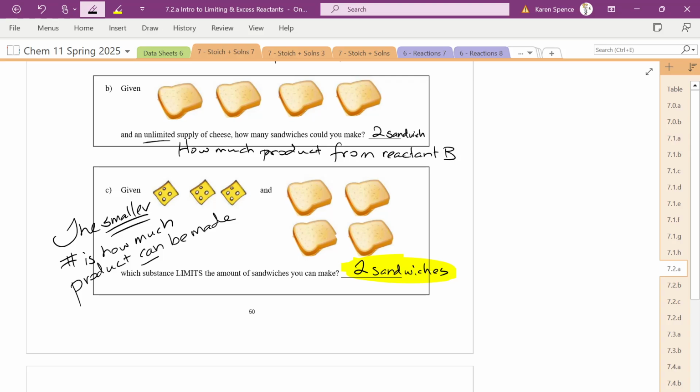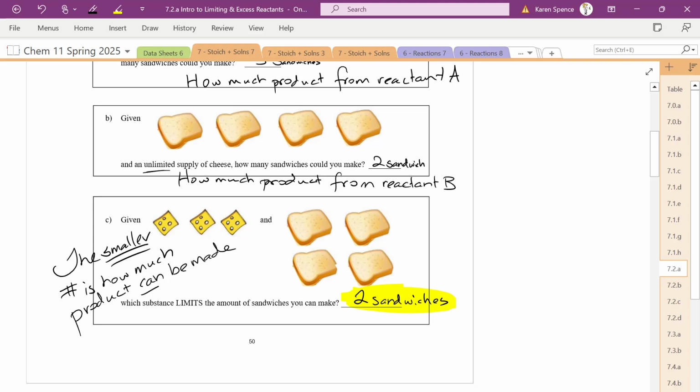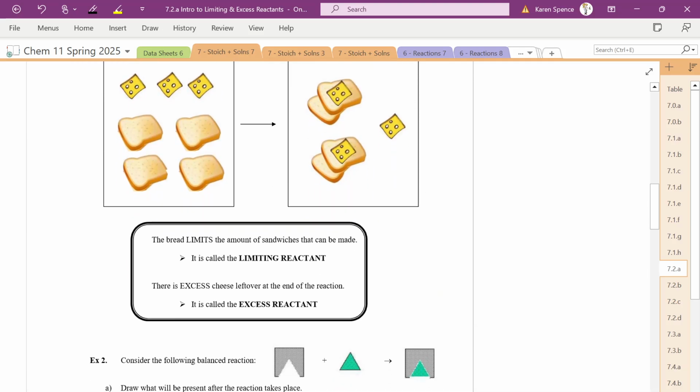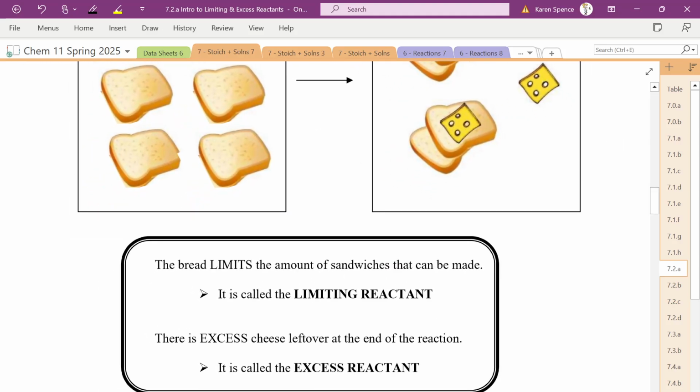It's not like we're going to have a half of a something. So the bread then limits the amount of product, and so it is called the limiting reactant.